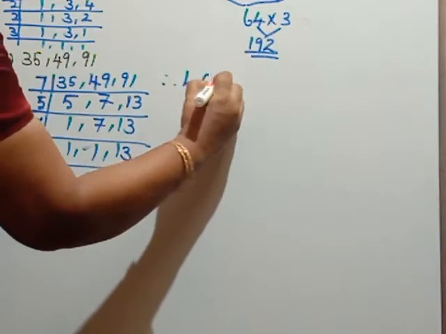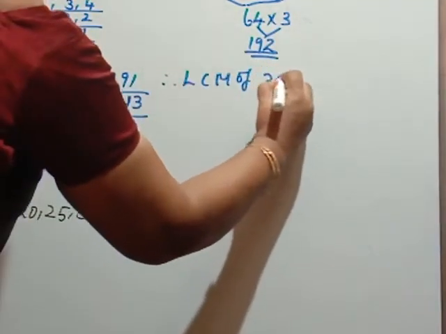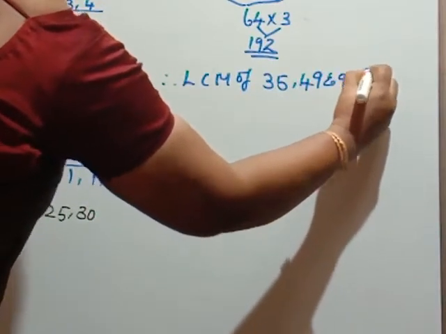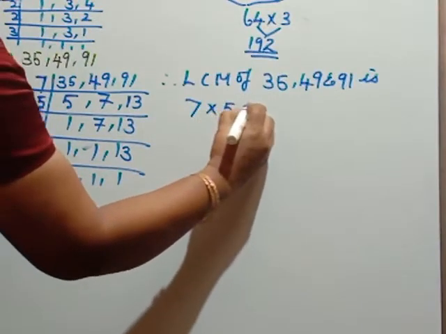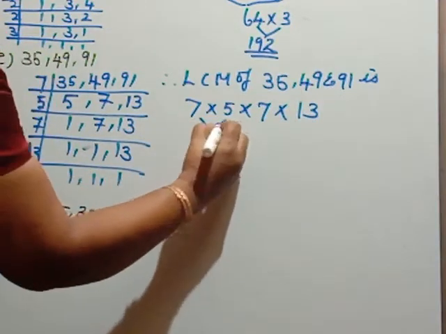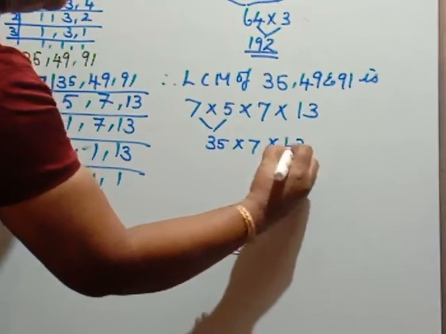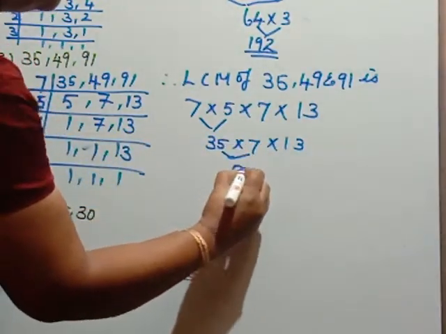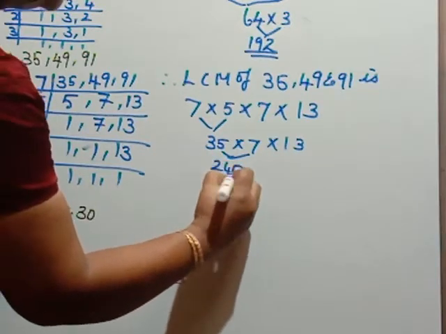Now 13. 1, 1, 1, 13 ones are 13. Therefore LCM of 35, 49 and 91 is 7 into 5 into 7 into 13. 7 5's are 35. Now we will multiply 7 into 35. 7 5's are 35, remainder 3. 3 7's are 21 plus 3, 24.